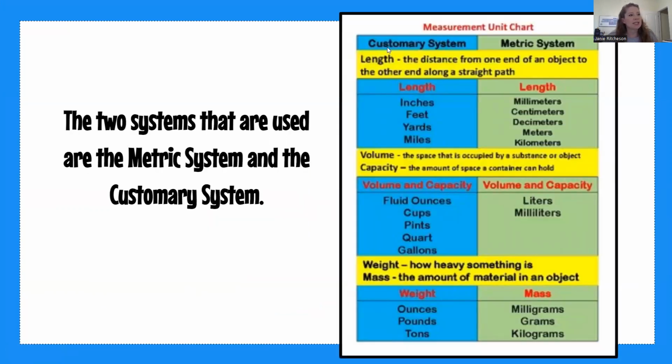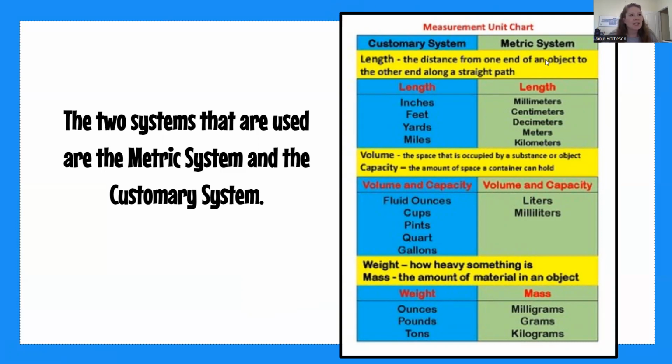The customary system is the words over here on the left side of this chart in blue. You're used to talking about miles and inches and feet. When you cook, you're using cups and ounces. When you go to the store buying drinks, you might buy a gallon or a liter or 2 liters of Coca-Cola.